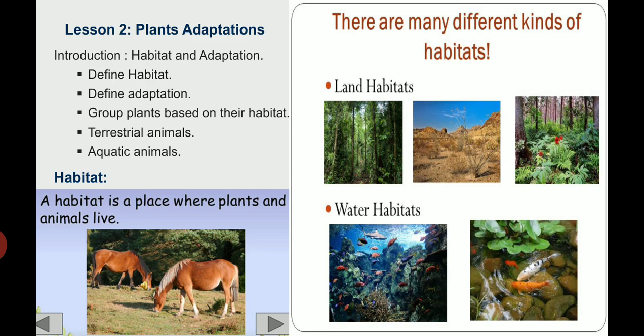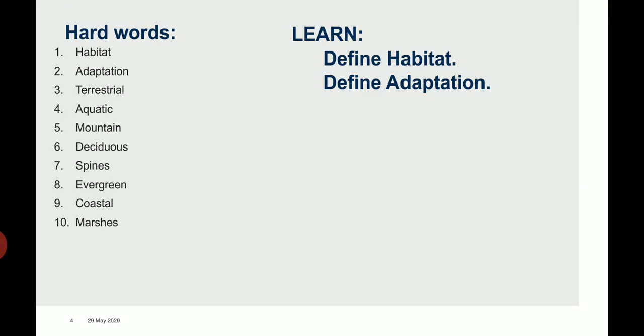Now we have studied what is meant by habitat, what is meant by adaptation, and two types of habitats: land habitats, otherwise called terrestrial plants, and water plants, that is aquatic plants. Children, I think you all understand up to this.